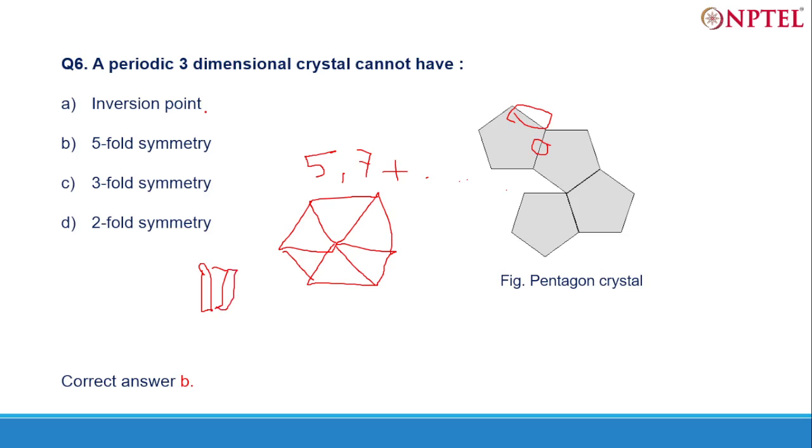Inversion point is basically a translation towards a mirror. So we can see that a five-fold symmetry is not possible for a periodic three-dimensional crystal lattice. So the correct option is B.